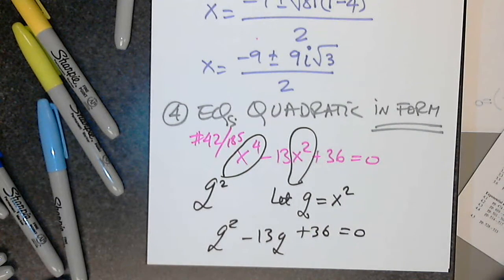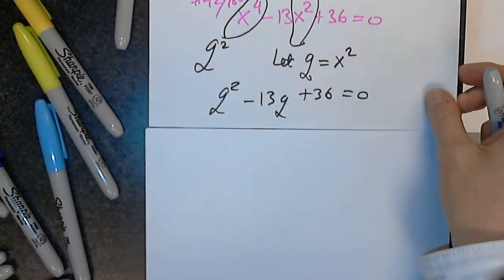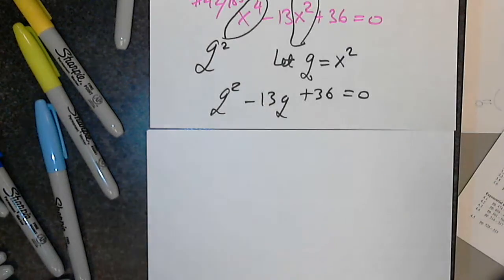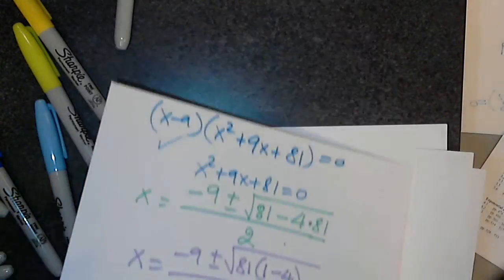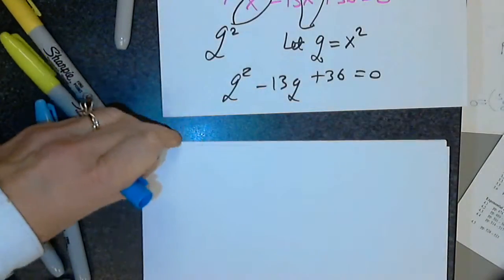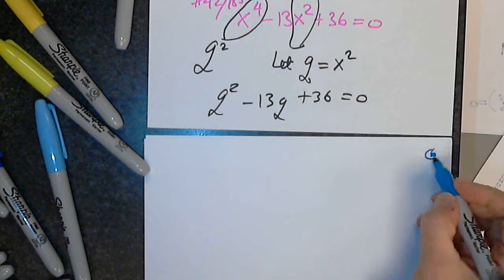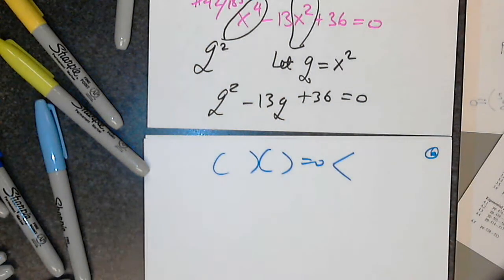Why? Because we know how to deal with degree 2. And then we'll come back to the original variable, of course. So what do I do with this? If it works in 30 seconds, I will definitely factor. So let's factor quickly. How do I factor this?